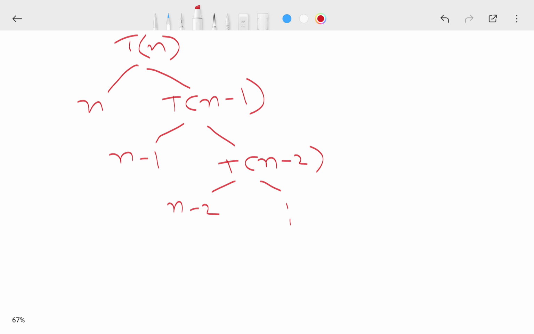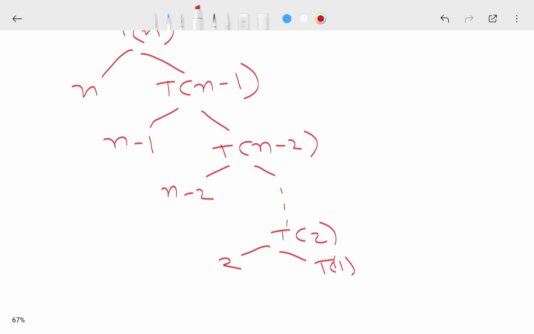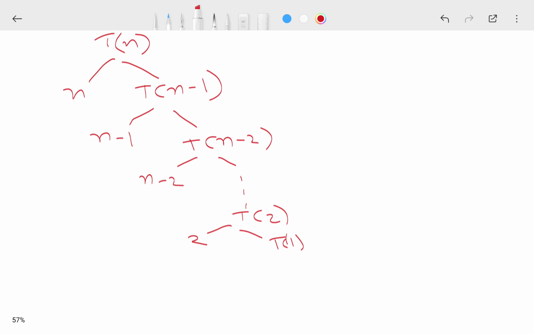At one point, the same function will be called with input n equal to 2. If n equal to 2, the constant time it takes is 2 time units, and it calls t of 1. Then at t of 1, the constant time it takes is 1 time unit, and then it calls t of 0.